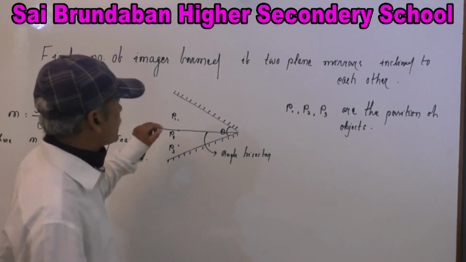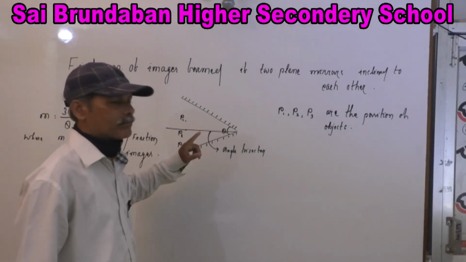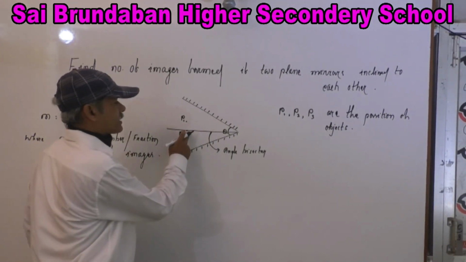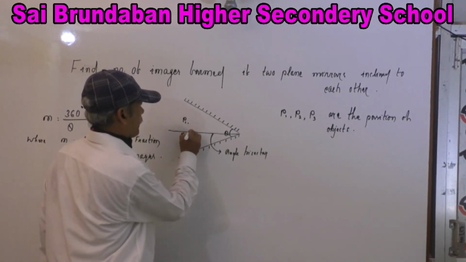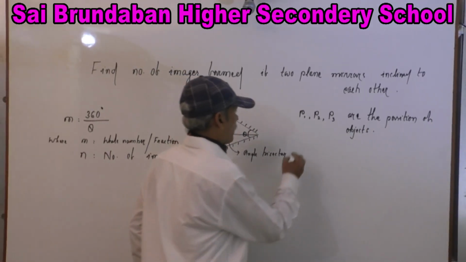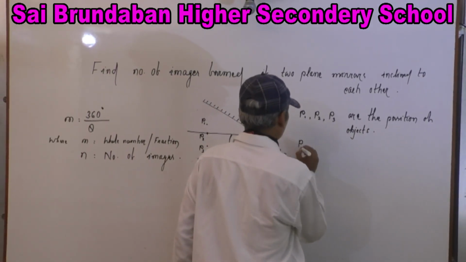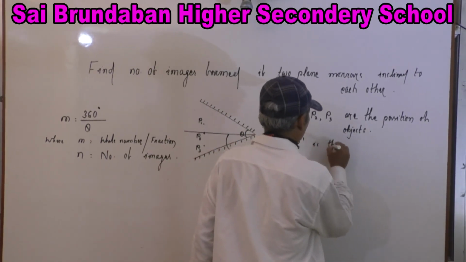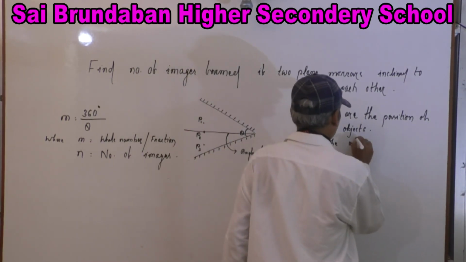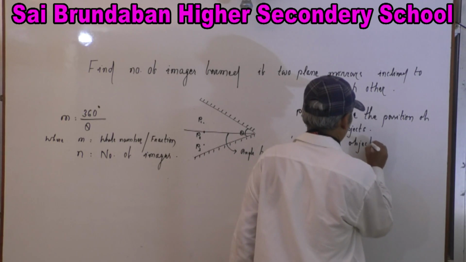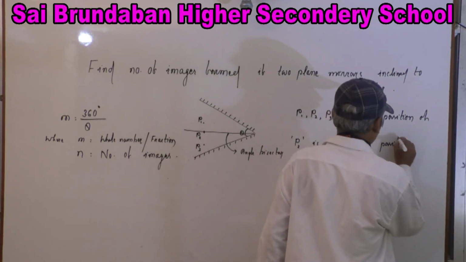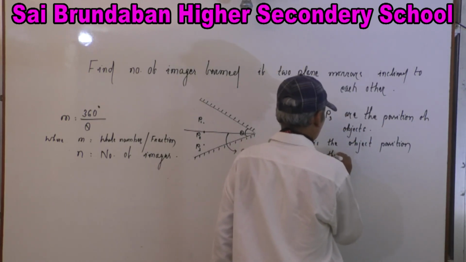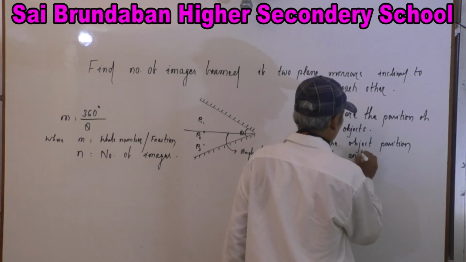Suppose the object is placed here. It is the same as if the object is placed here. But it is not the same if the object is placed here. P2 is the object position on the angle bisector.